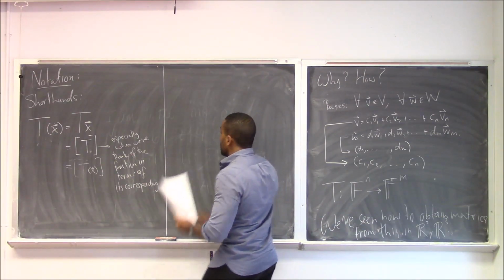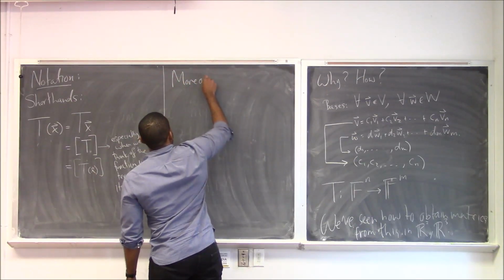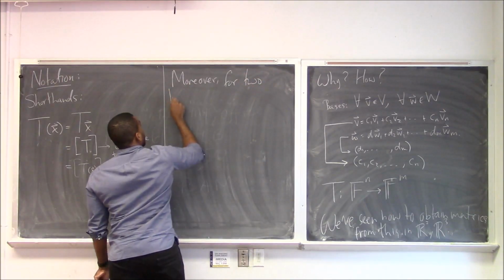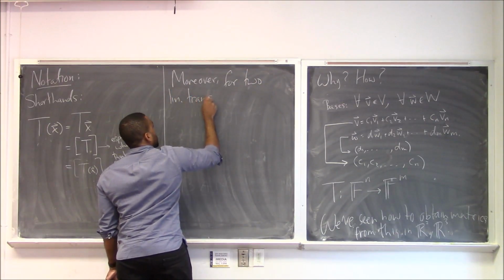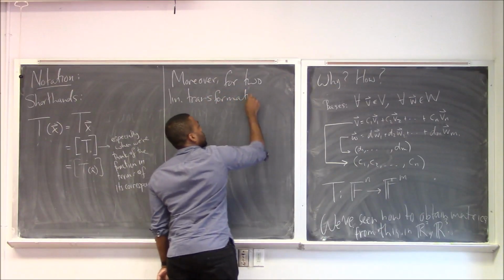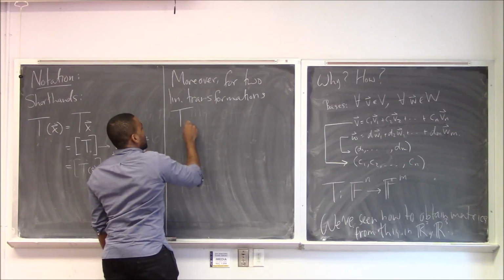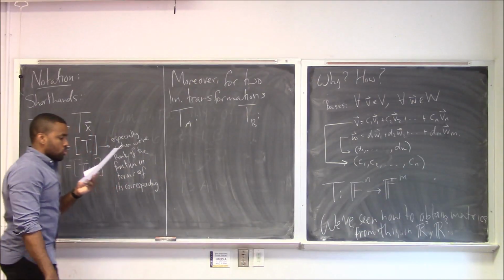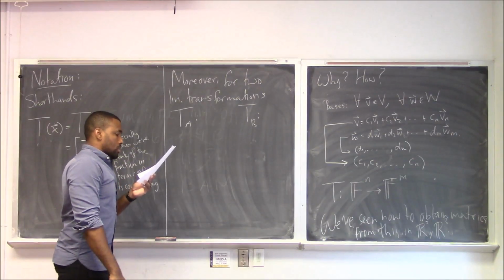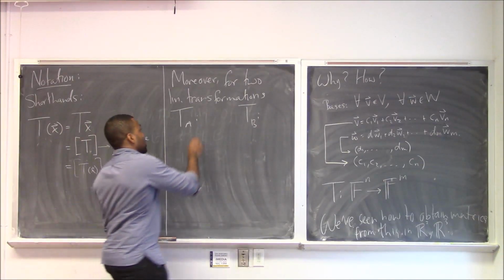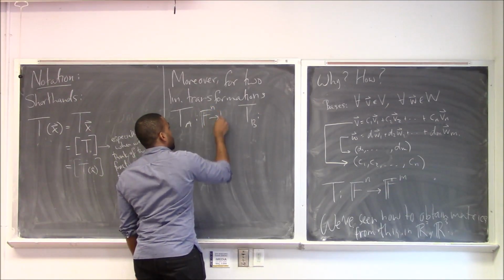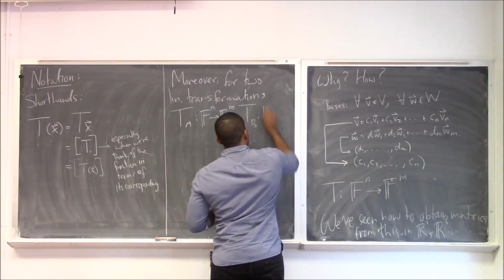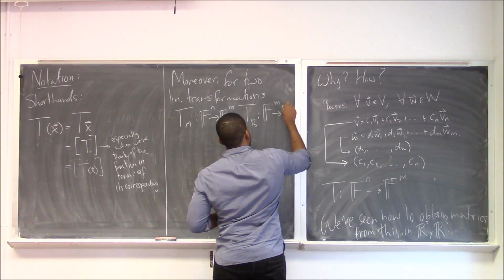So, moreover, for two linear transformations, so I do TA and TB. Let's say this is from Fn to Fn, and this is from Fm to Fn.